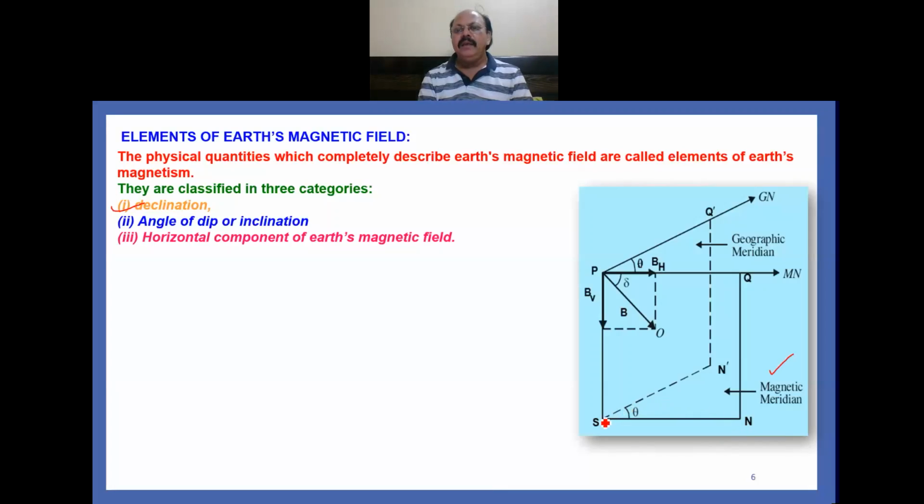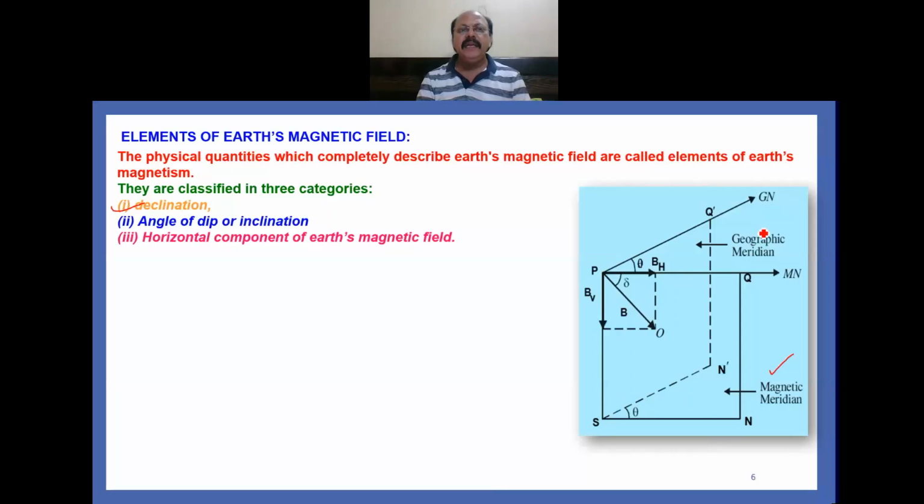Similarly, on the geographic axis a vertical plane is drawn, then PQ' and SN, that is called the geographic meridian. As we say that Earth's magnetic field is different at different places, when we define the elements of the Earth's magnetic field, we also define them at a place, because their values vary from place to place.